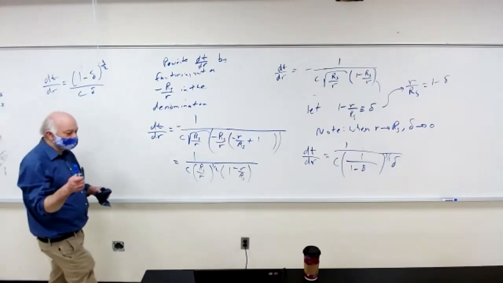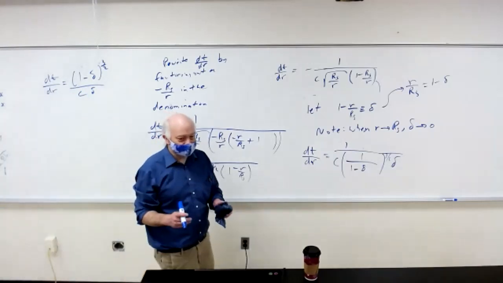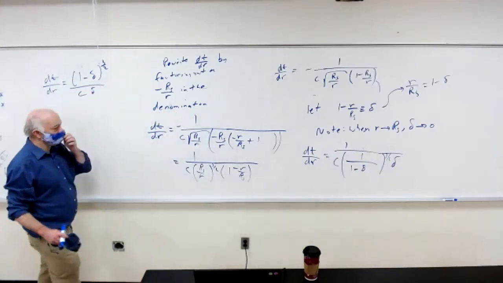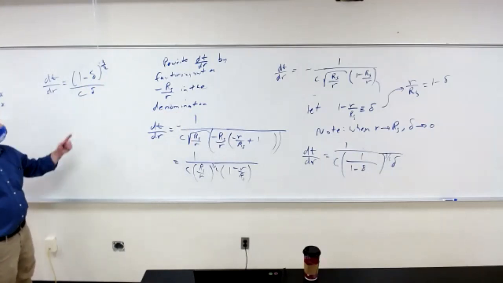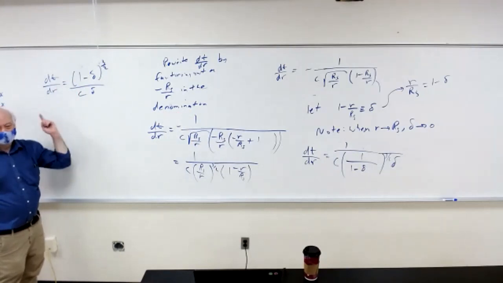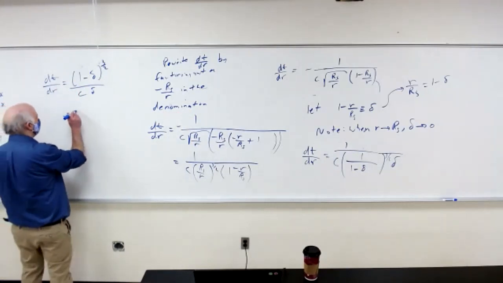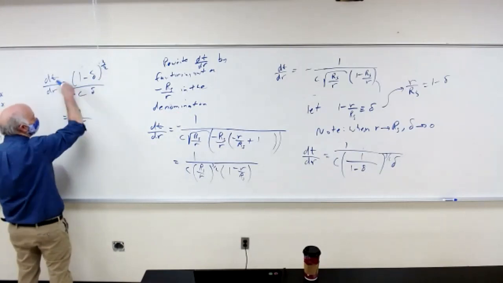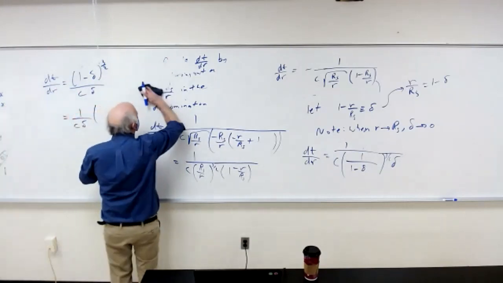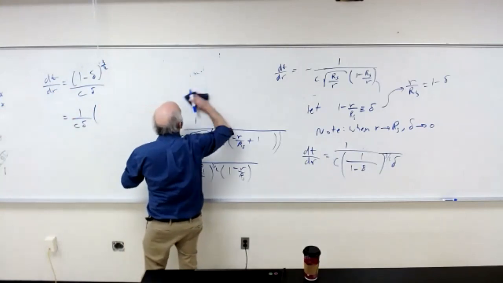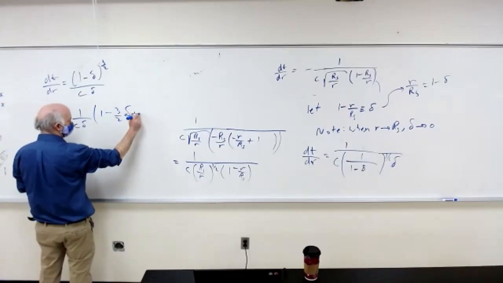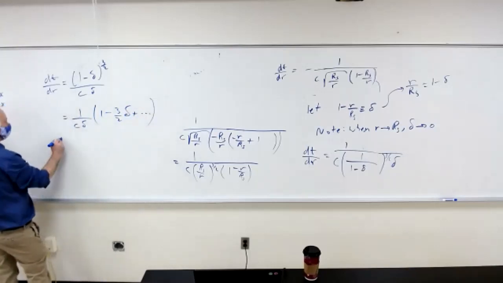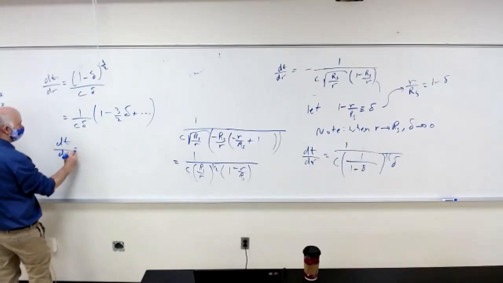Again, we're only interested in this as R approaches R sub S. What are we going to do to this crazy term? Yes, we're going to do a binomial expansion. You've got 1 over C delta, and you're going to binomial expand this. So what is the leading order term then?